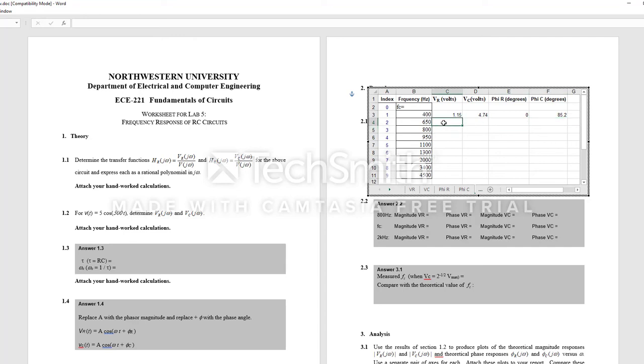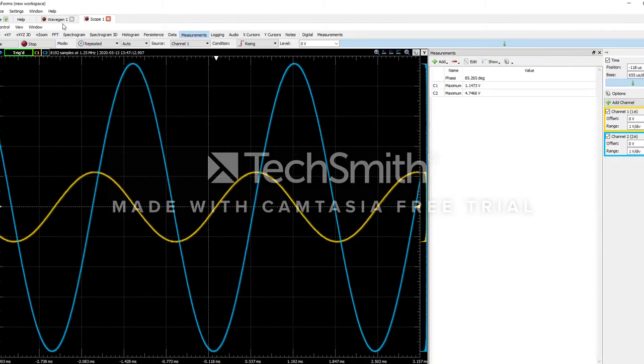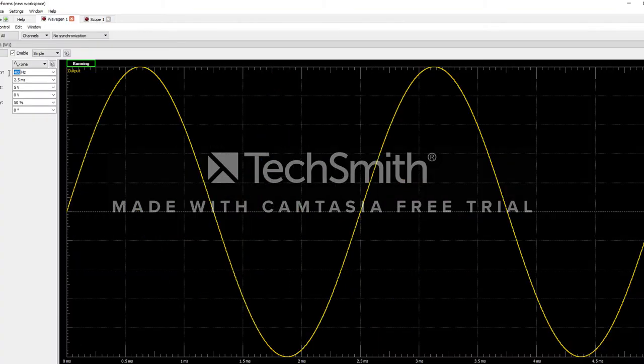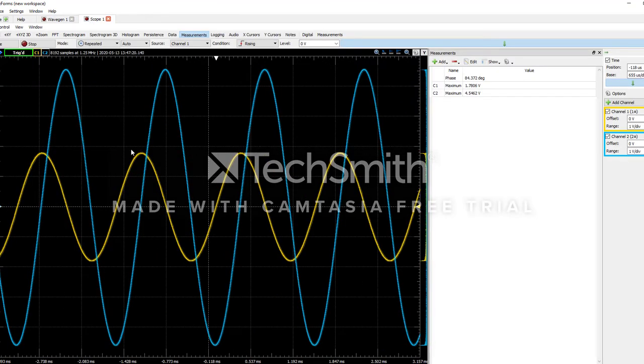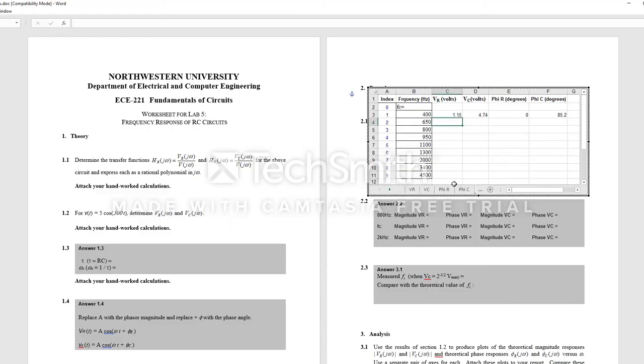Right, so all we have to do now is just change the input frequency and record these maximum voltages and the phase difference. So I will do that, put all the values here, and then you are supposed to use these values for further plots, comparisons, calculations, etc.